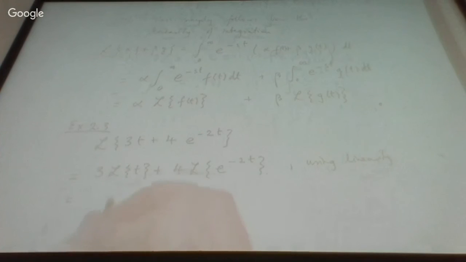And so the Laplace transform of t was 1 over s squared, so we get 3 over s squared. And the Laplace transform of e to the minus 2t was 1 over s plus 2. So you could say from previous results or taking transforms from the table.